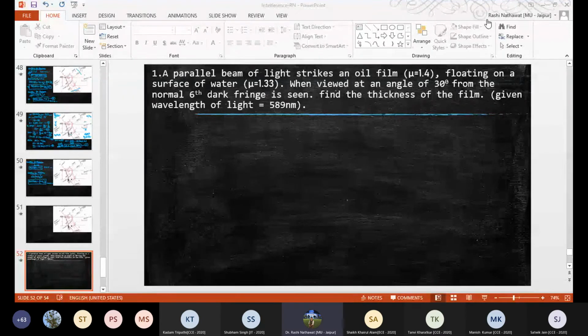Number 1 challenge is which formula you need to apply here. Total path difference.